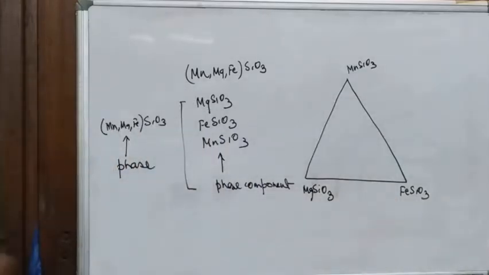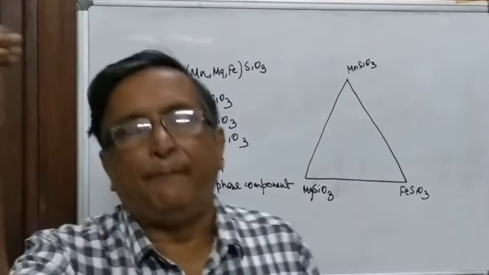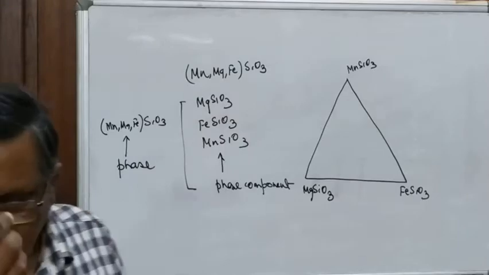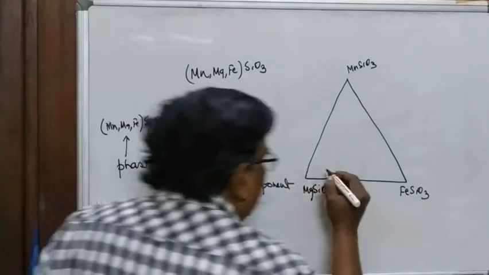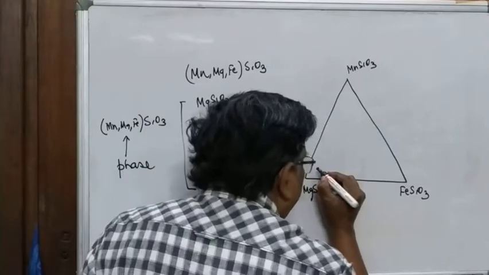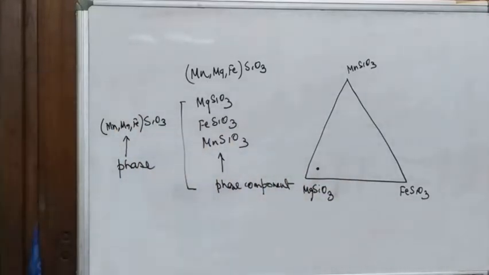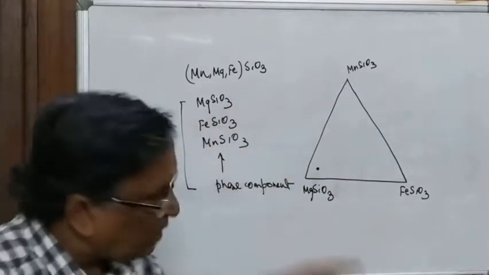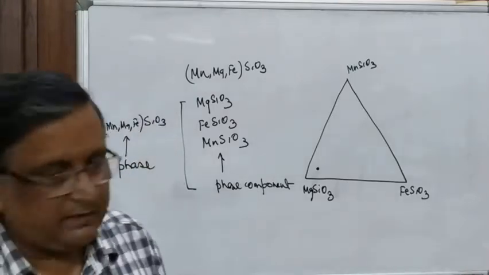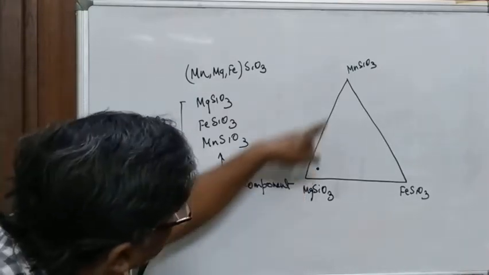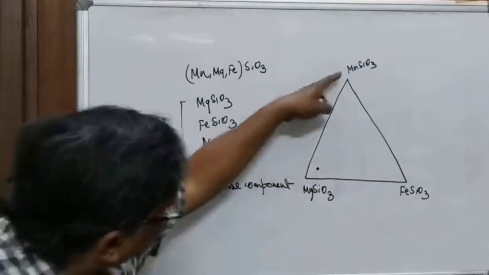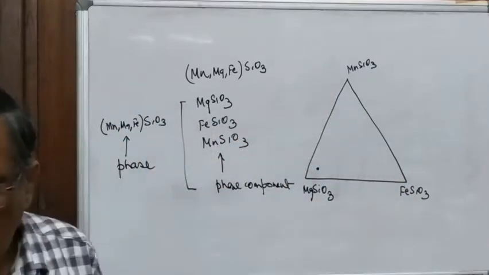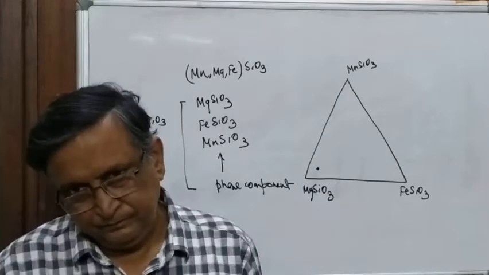And my orthopyroxene that I am talking about says has this point. So the orthopyroxene phase has a composition that plots at this point in this triangular composition space.